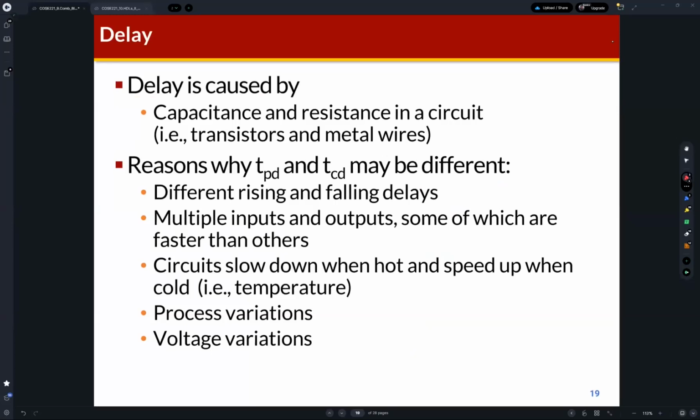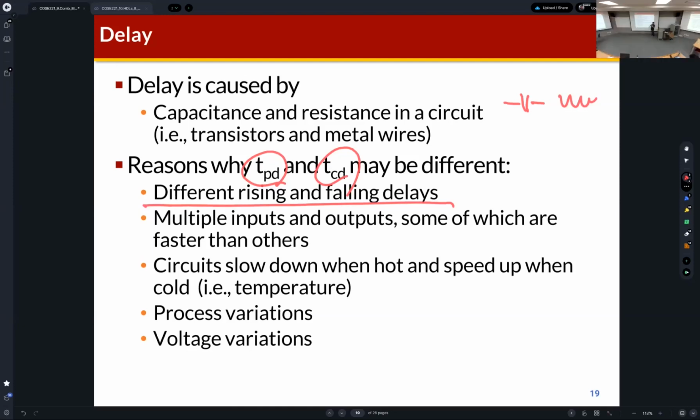As I mentioned, the delay of a circuit is determined by capacitance and resistance. And why are there two kinds of delay, propagation and contamination delay? The first reason is different rising and falling delays.